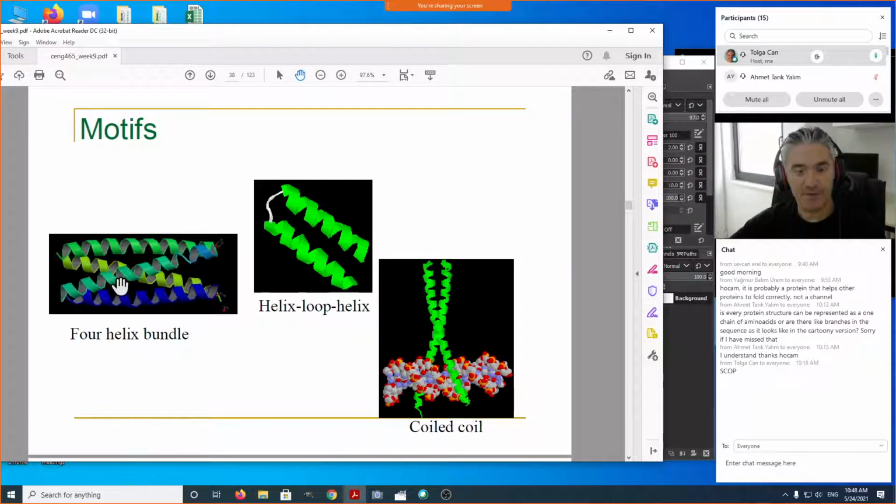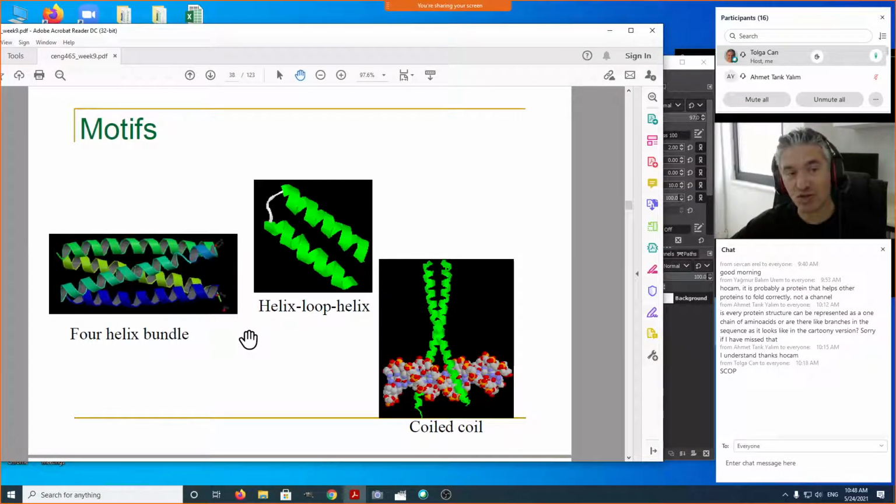So there are different motifs. We have seen, for example, the zinc finger domain is like a small structural shape, which may be important for a specific function. And if you look at protein structures, there are certain small common structural shapes, like the formation of these four helix bundle, which is apparent in many protein structures, which may serve a specific function.